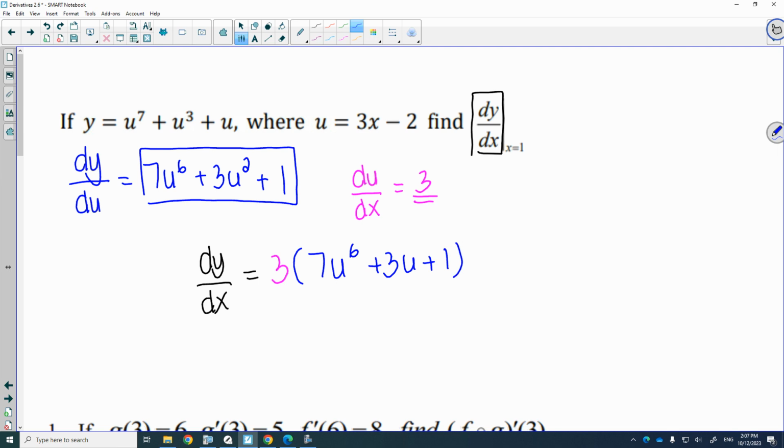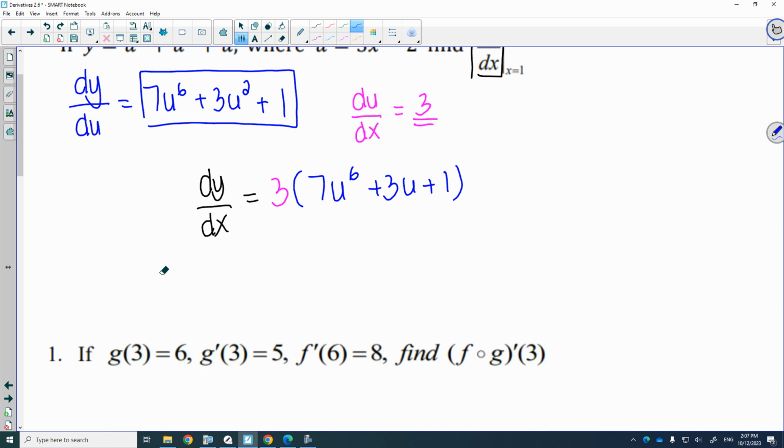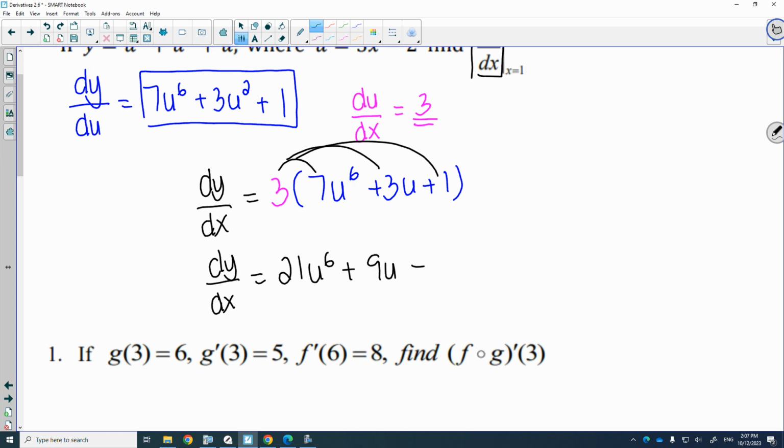Okay, we could distribute in our 3 if we want. 21u6 plus 9u plus 1.